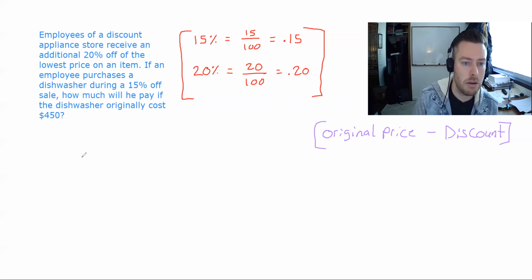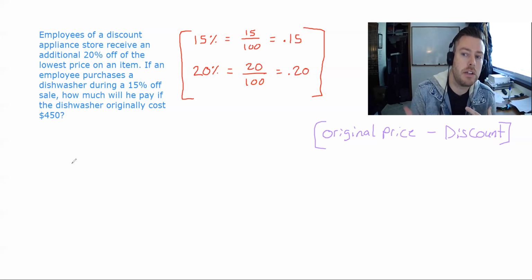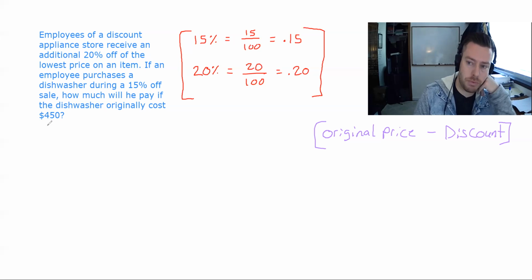Okay, so now that we did that, before the employee actually gets to this item, the item is already discounted by 15%, which means that 450 is not the actual price that this employee is looking at the moment, right? It's going to be something else. It's going to be $450 with 15% off.